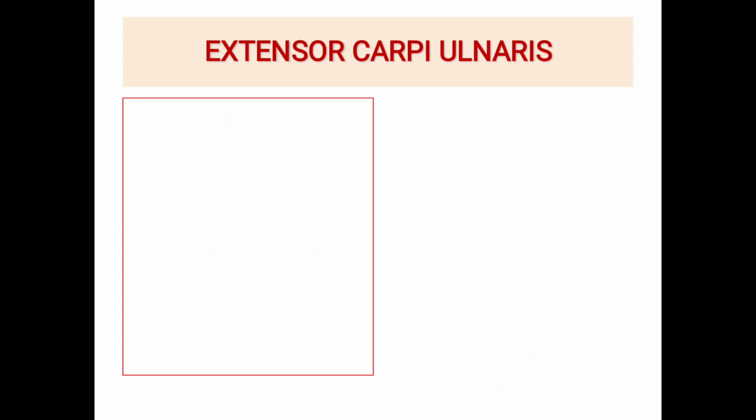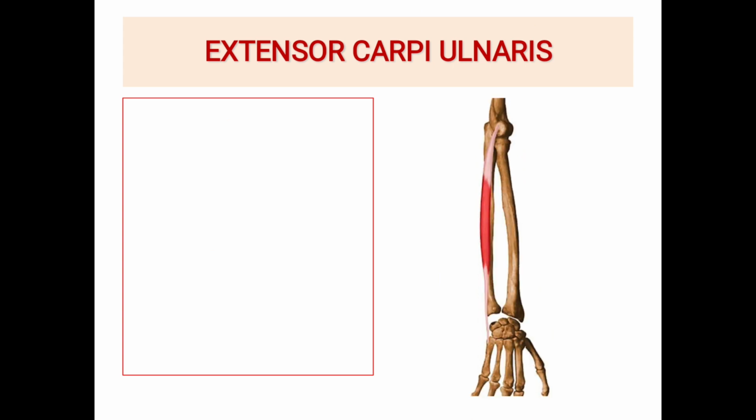Okay. Next, you have your extensor carpi ulnaris, again, common origin. And since it is ulnaris, think about the carpal bone and metacarpal bone. What carpal and metacarpal bone are located at the medial side? Because when you say ulnaris, medial side. Okay, so you can think about the fifth, correct?